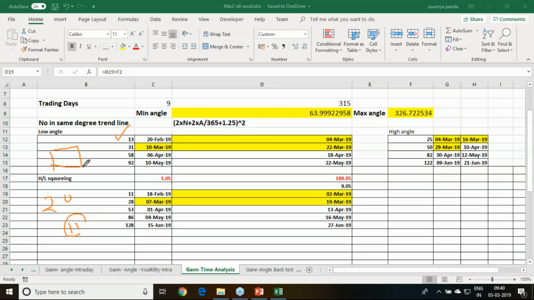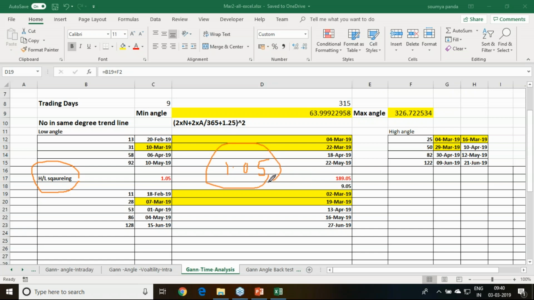So these formulas you have been experiencing are not in Gann's literature. They come through backward parsing only. He has told the trend reversal date in this order. If I give one example, say the high-low squaring method: the high has formed on this day, the low on that day. It completed 1.05 rotations. So you need to understand how this 1.05 rotation has come.